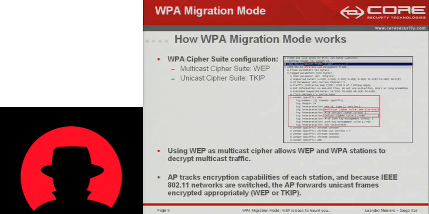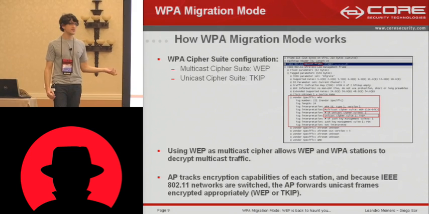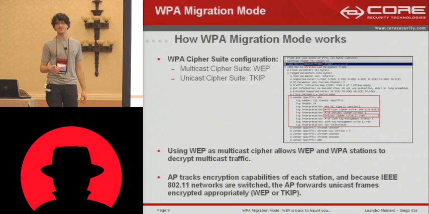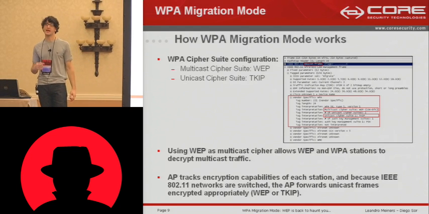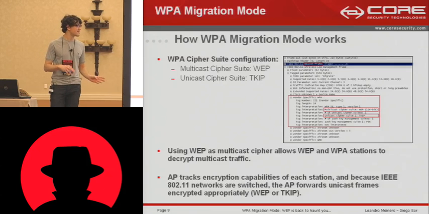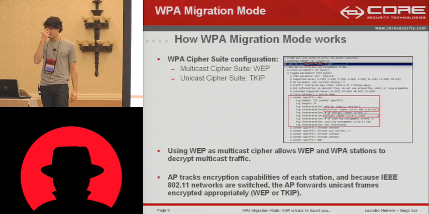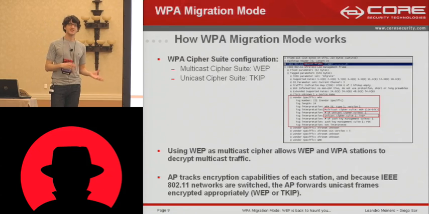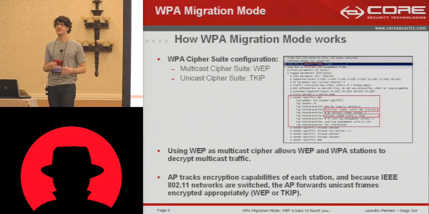So this AP will use WEP for multicast and broadcast, and for the stations that are only WEP stations. And we'll use WPA for unicast traffic, that is for WPA or TKIP stations in this case, right? So the AP tracks which station is WEP and which station is WPA and forwards accordingly.